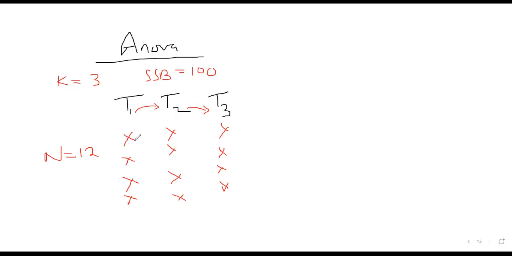And these observations have a sum of square total in terms of variations, maybe given by 181. So I'm going to give you a template of how the ANOVA table is drawn.